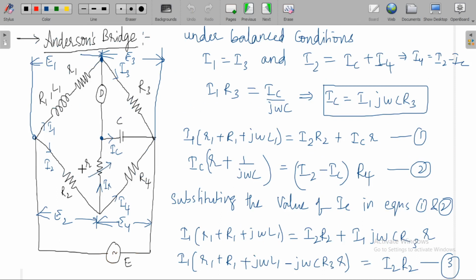First we vary this small r. If the balance condition is not obtained, then we vary this R1. If balance condition is obtained with R, no need to vary this R1. If not, then we vary R1.